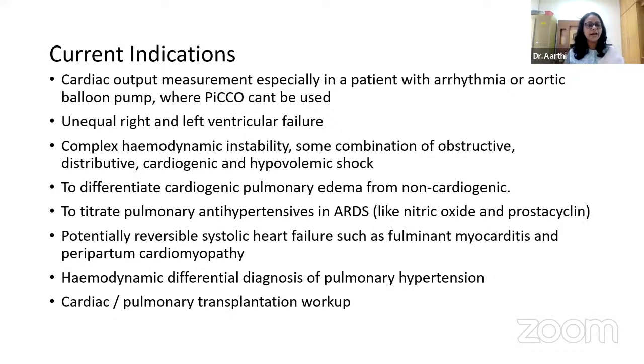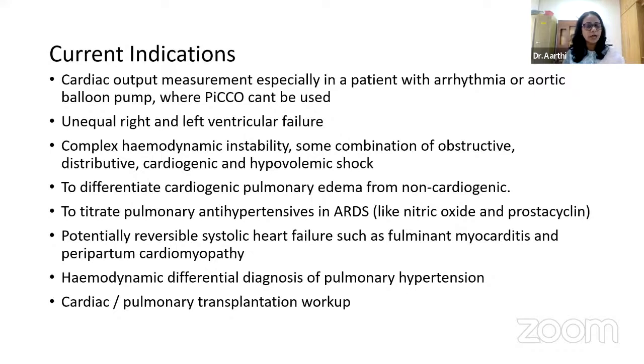And unequal right and left ventricular failure, and complex hemodynamic instabilities where the patient presents with a combination of shock features like obstructive, cardiogenic or hypovolemic shock. It's a combination of scenarios where the pulmonary artery catheters still have a role.